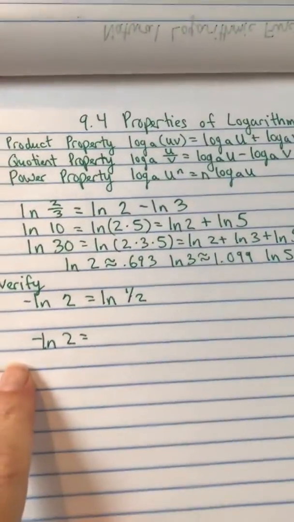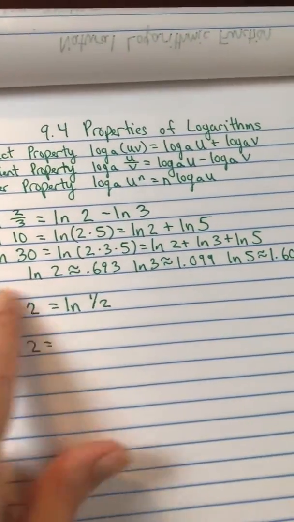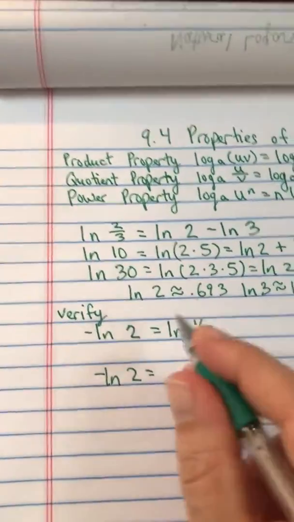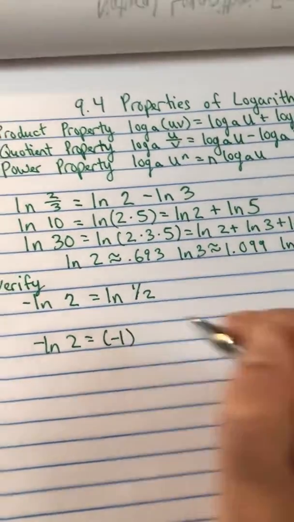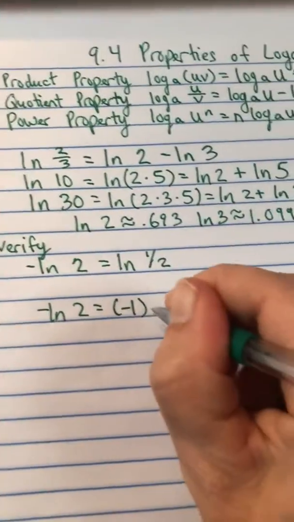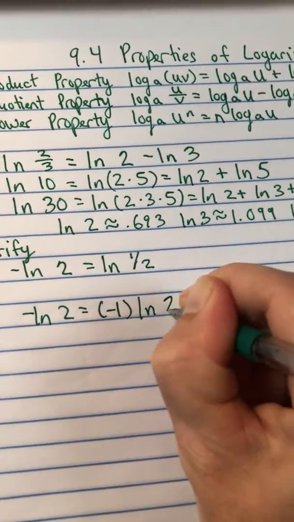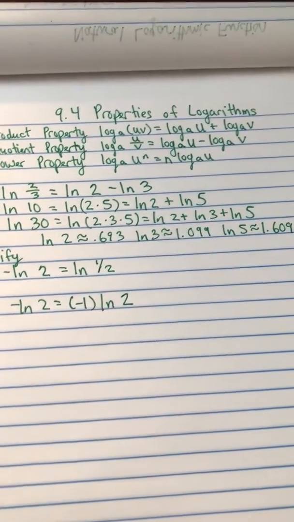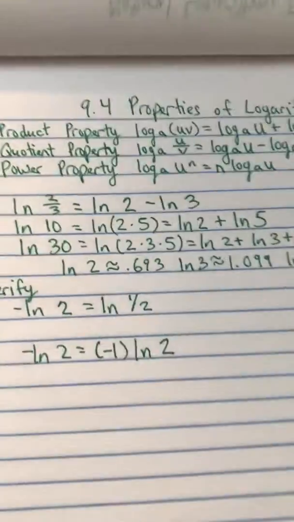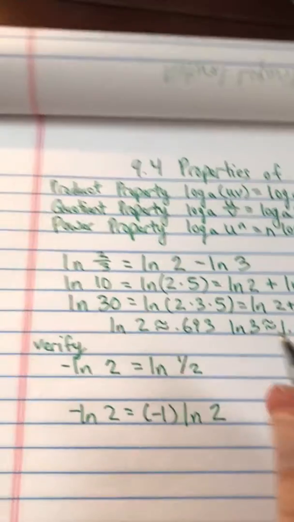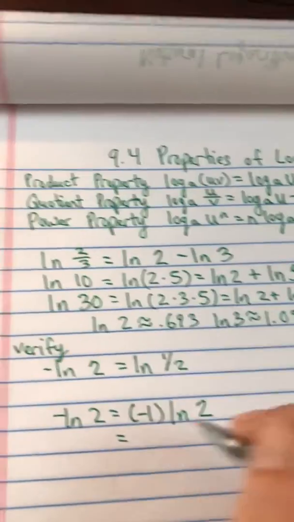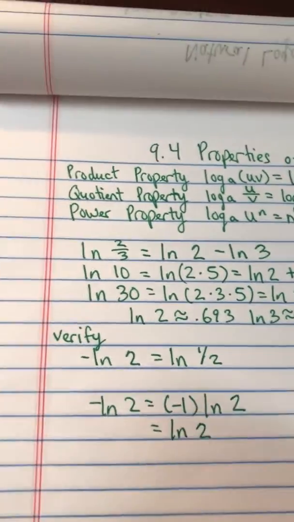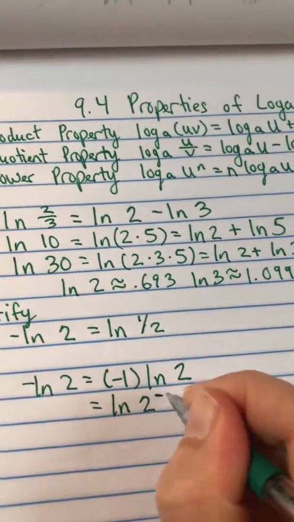then that means that we brought a negative out, okay? In other words, we can bring it back in. Or I see what they did. They brought it out explicitly: -1 natural log of 2. Okay, so that was the power property. Yeah, that was the power property. Okay, so this is equal to the natural log of 2 to the -1.